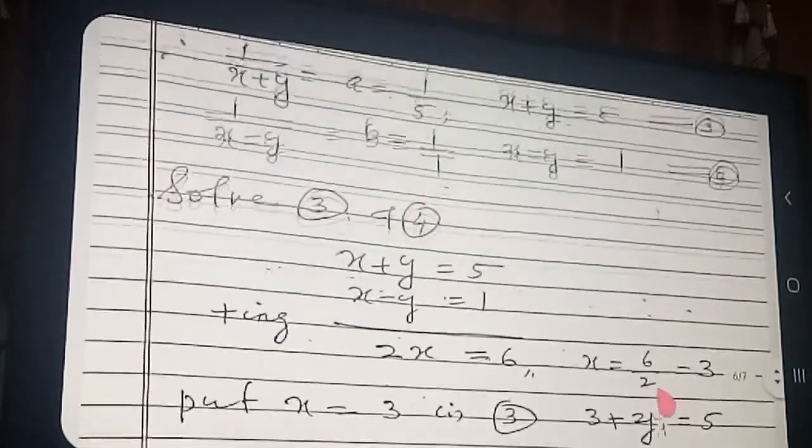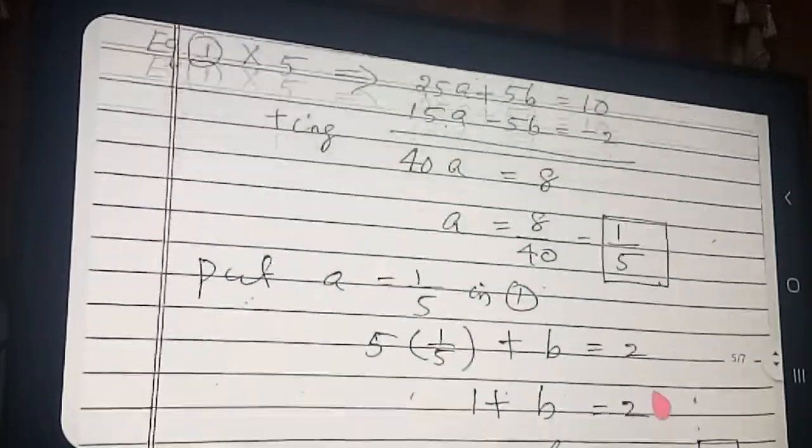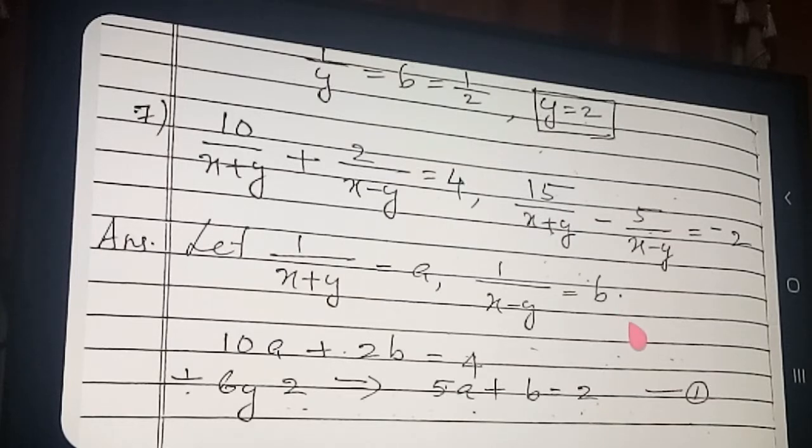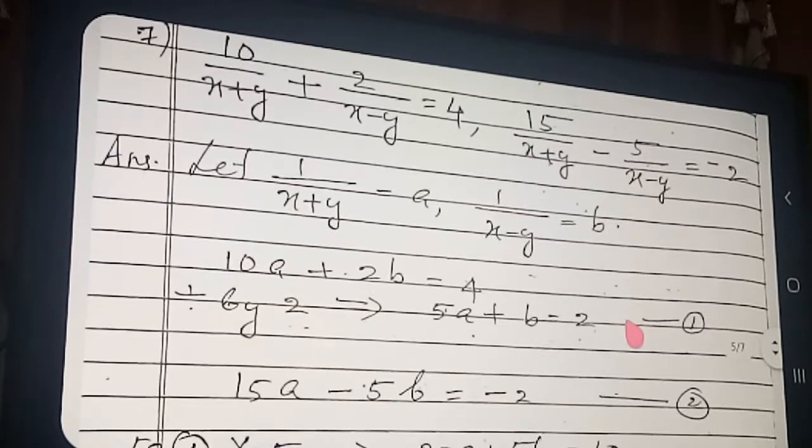Okay, go through this sum once more from the beginning onwards. See, go through properly. Okay, getting now easily.